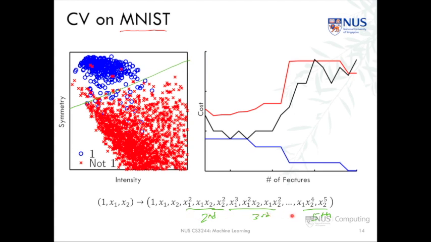Hopefully it's obvious with the more representation as we go from left to right here, we're going to get better and better training performance. So the cost with respect to training is going to go down. So that's our blue curve here.